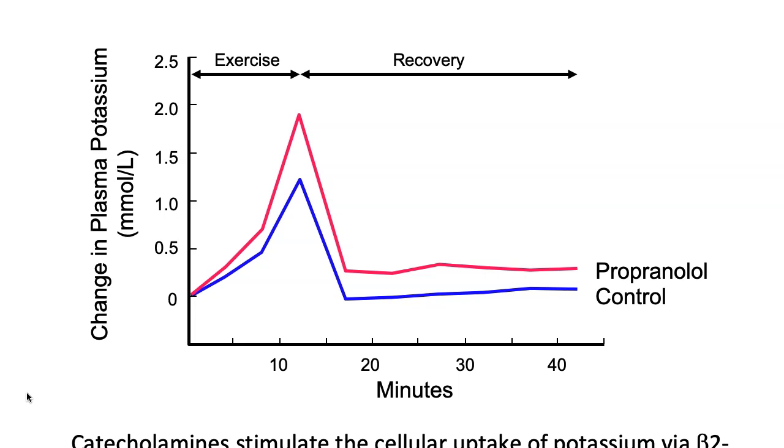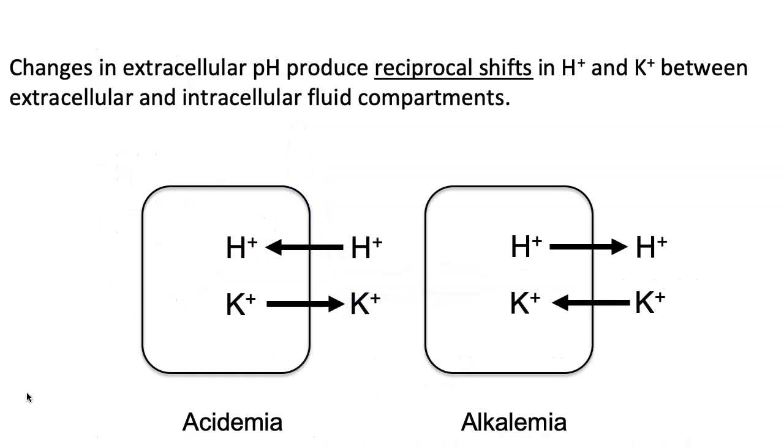So we don't want to give it systemic because it would cause a lot of side effects to give a catecholamine that way. But sometimes we use inhaled albuterol, and that can help shift potassium into cells. Okay, so this is pretty important because I think this can help you solve other problems in renal physiology.